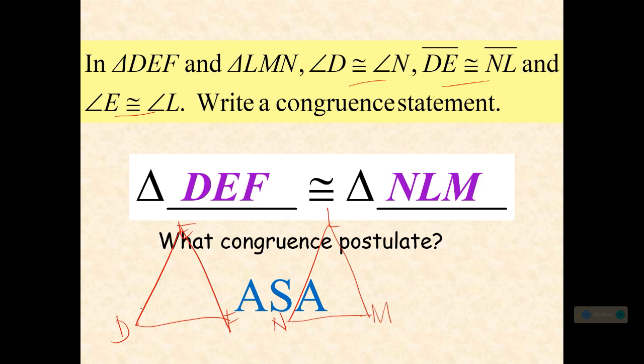Why? Because we have here angle D is congruent to angle N. Segment DE is congruent to segment NL. And angle E is congruent to angle L. So we have here angle, side, angle. And of course, on the other triangle, angle, side, angle also. Okay, any questions so far?